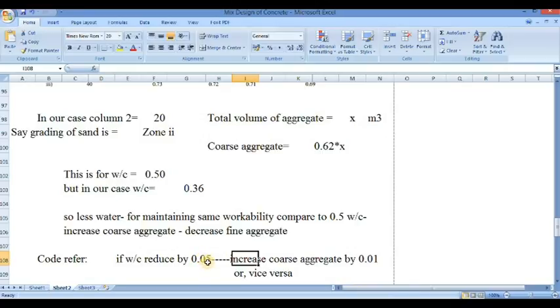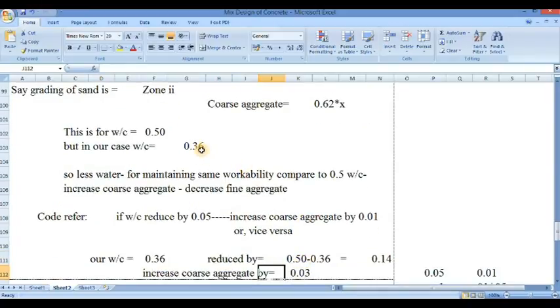So you reduce the water content or water cement ratio by 0.05. You have to increase the coarse aggregate by 0.01, and this is at the cost of your fine aggregate or sand. When you increase the coarse aggregate, you have to decrease the same amount of fine aggregate. So in our case we have used 0.36.